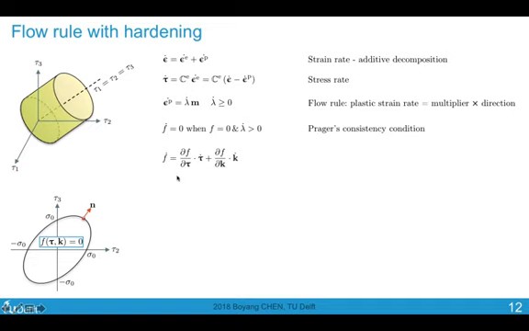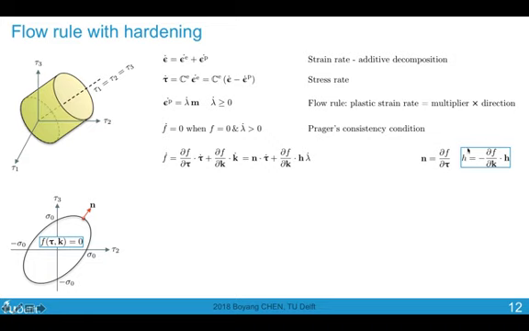We replace this part, partial of f over partial tau, by n, and then we replace k dot by the expression, the relationship between lambda dot and h, and we group these two together into a scalar, so the dot product of two becomes a scalar.